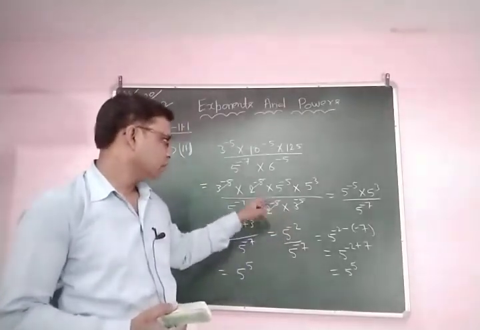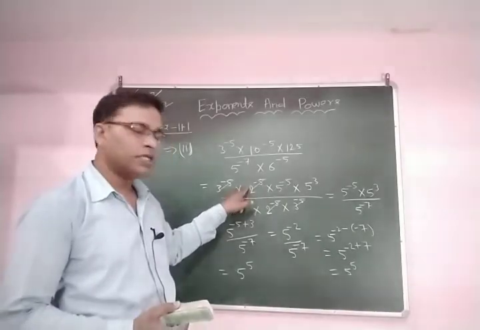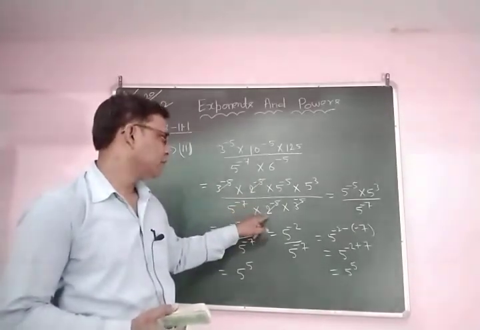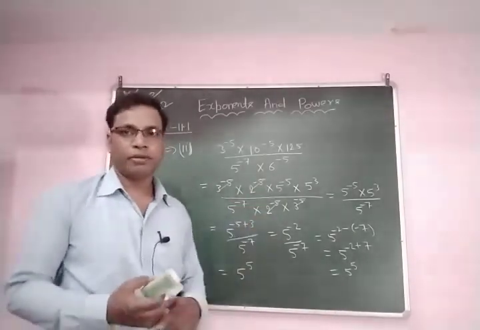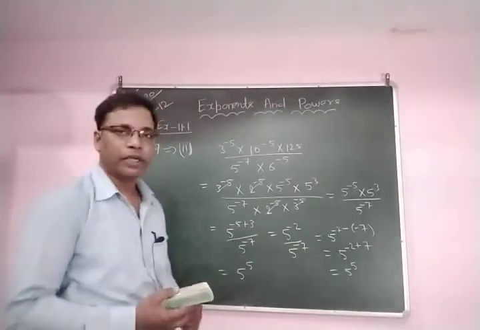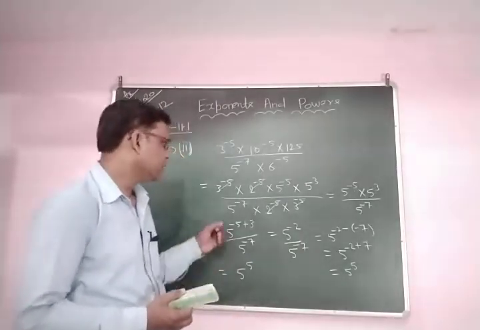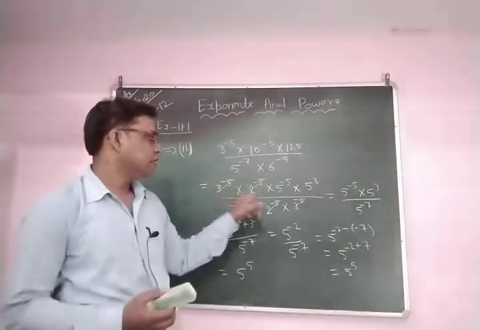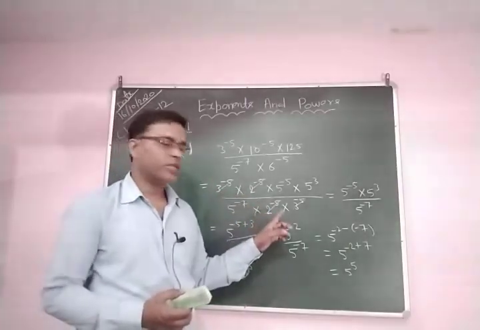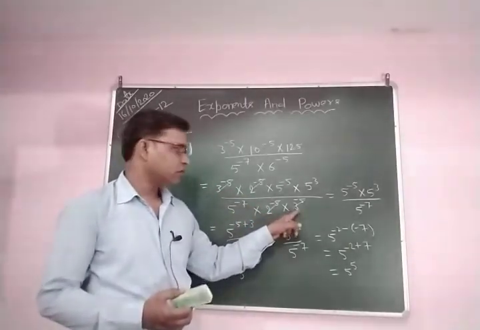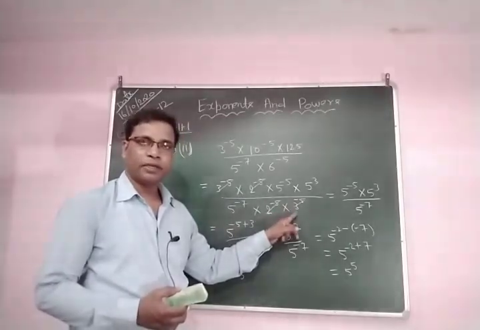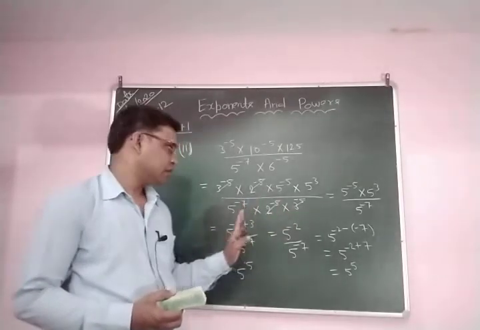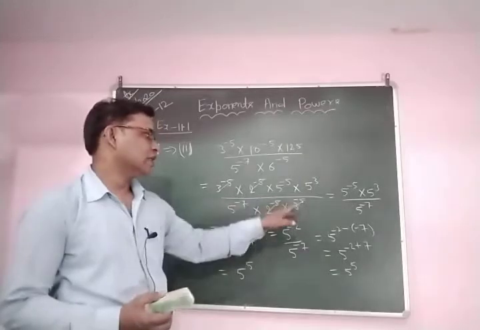Now you can see 2 power minus 5 in the numerator and 2 power minus 5 in the denominator, both are the same, so they will cancel. And again 3 power minus 5 in the numerator and 3 power minus 5 in the denominator, so both are equal. They are a common factor, so they will cancel.